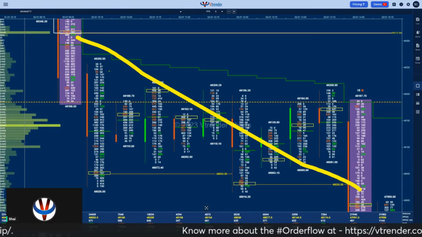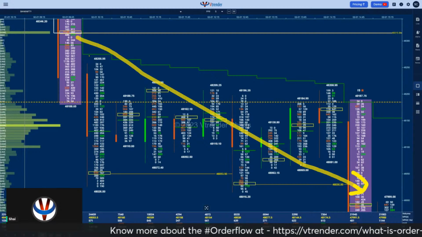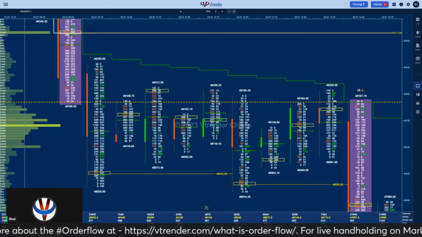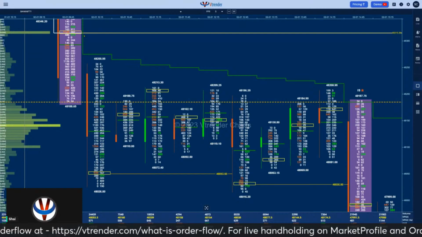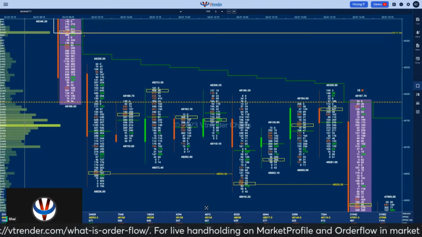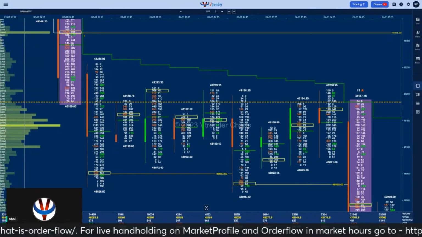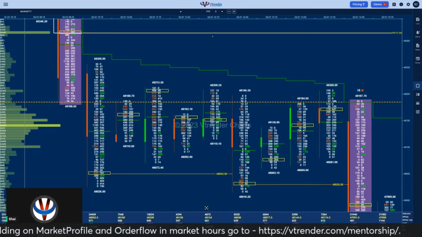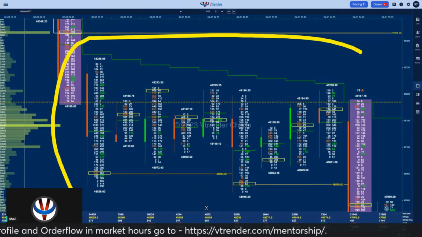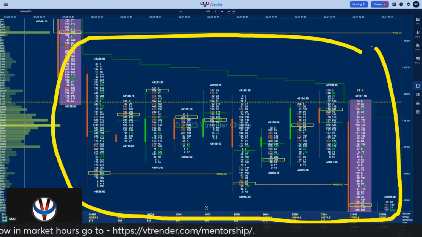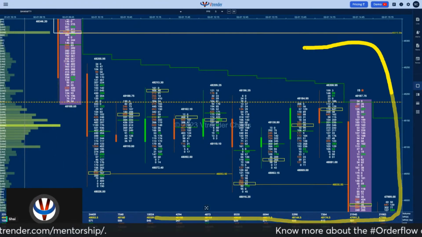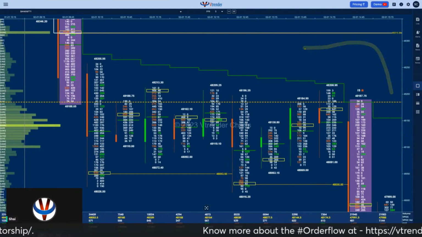It's not going to happen the same second, the same minute, and it may not even happen in that same hour, but eventually, because supply is greater than demand, you will see price moving lower. Now, within the order flow, there are various elements. This is all an order flow chart. There are various elements for us to understand all the information which is already coming to us.